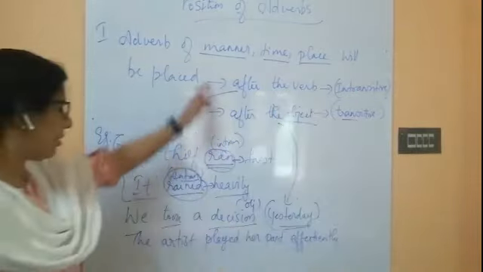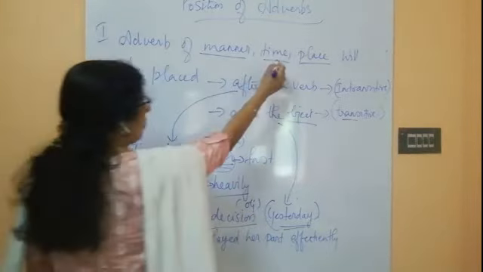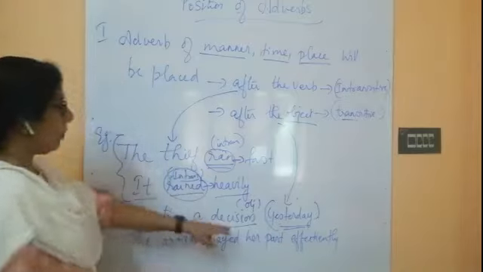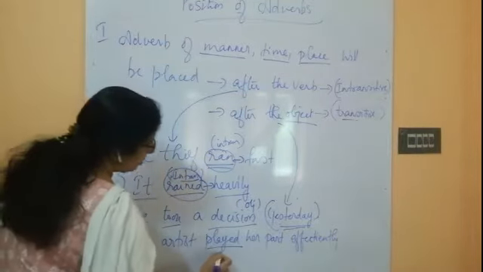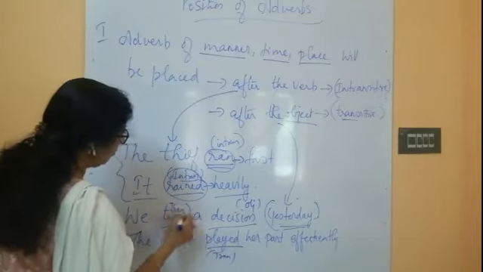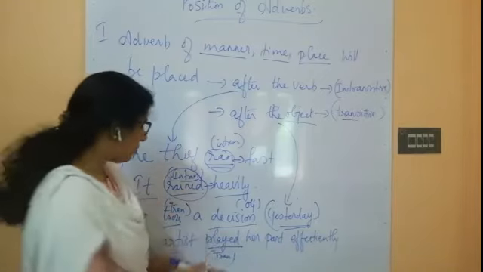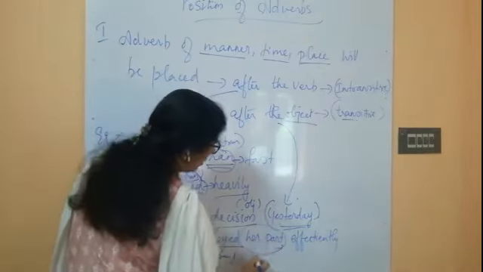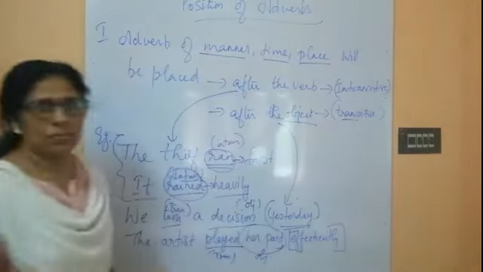Manner, the manner in which it is done. Decision when? Time, yesterday. So manner, time and place, if the verb is transitive. Here also it is transitive. So if the verb is transitive, what will happen after the object? Played what? Her part is the object and this is the adverb.